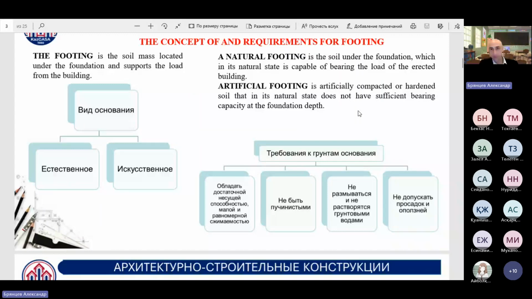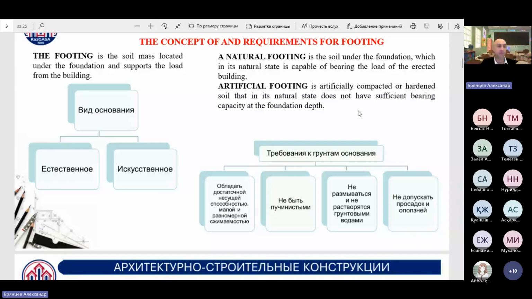There are basic requirements: adequate bearing capacity, absence of frost heaving soils, soils resistant to erosion under the influence of groundwater, and lastly, elimination of the risk of soil subsidence or landslides.